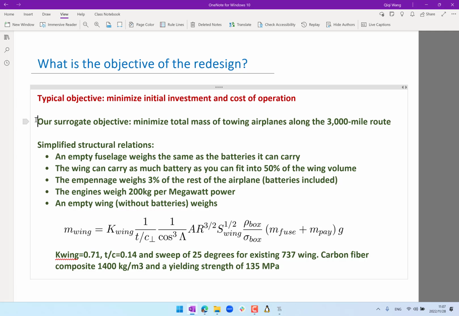In reality, you probably have different cost per weight and cost of operation per weight for different components. But let's just assume they are all equal for the purpose of aerodynamics. Now, since we are looking at mass, you cannot really think about minimizing mass without any structural considerations.